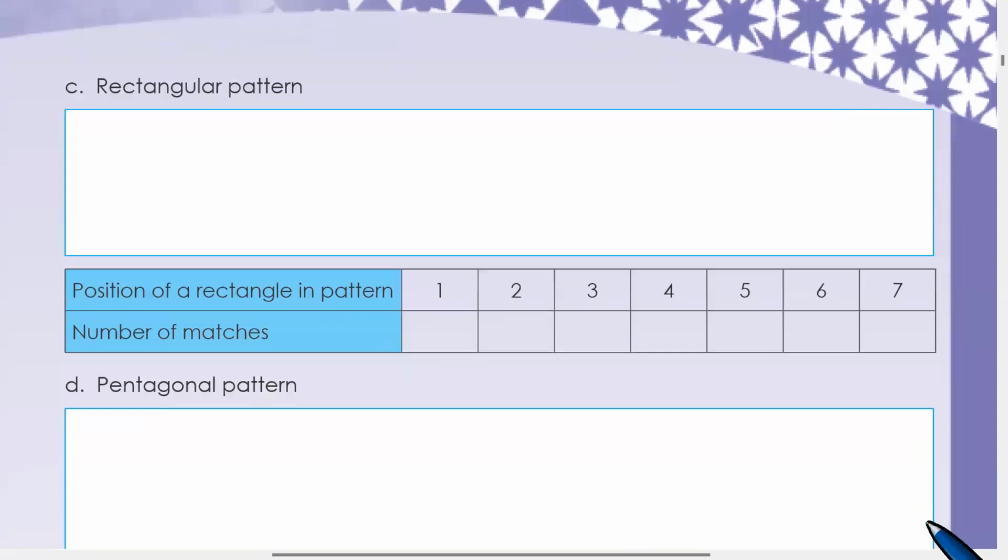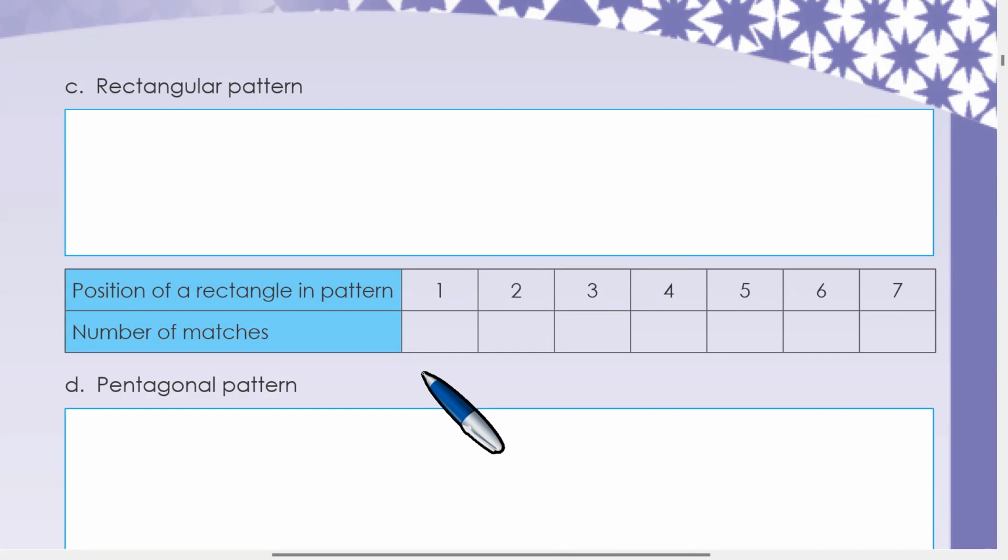Let's look at the rectangular pattern. In the rectangular pattern, how many matches are there in the beginning? Are there 4? Okay, so think very carefully about that one. How many matches are going to be there in the beginning of the rectangle?